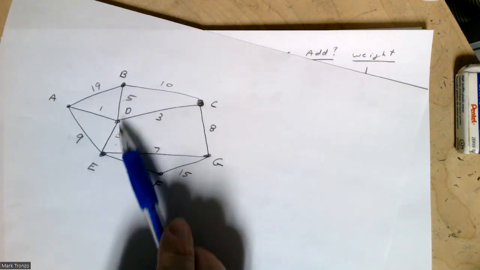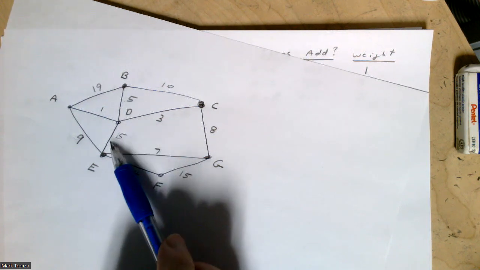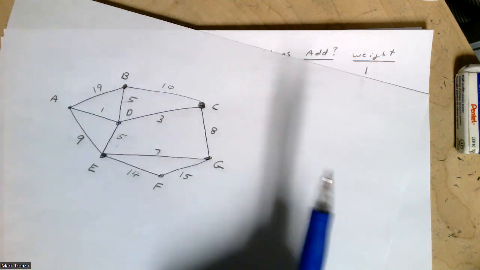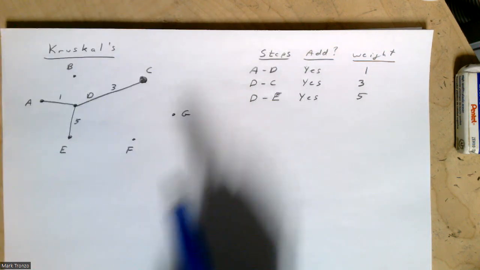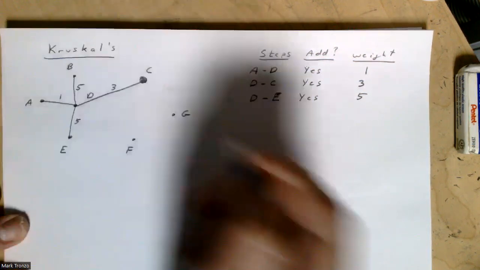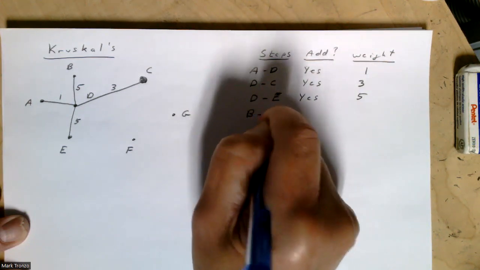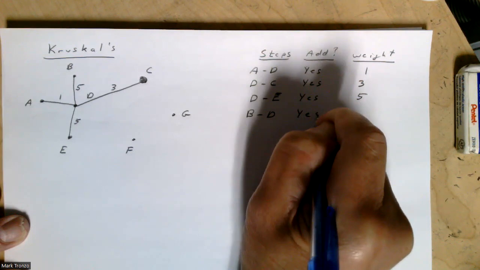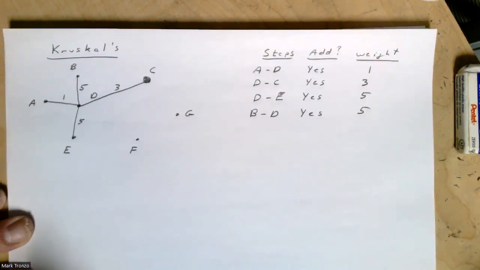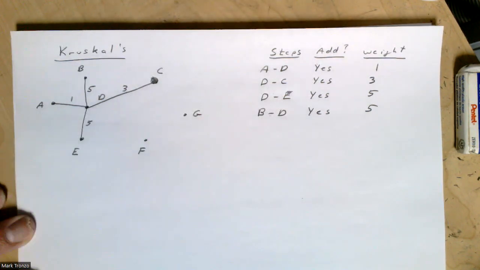Now, if it ends up that you can add both of the duplicates in, then it doesn't really matter what order you did them in. So in this case, notice that it turns out we added them both in. So it really would not have mattered which order you picked those. So we could have put this one ahead of this one, or this one ahead of this one, it didn't really matter. So let's go to the next one.